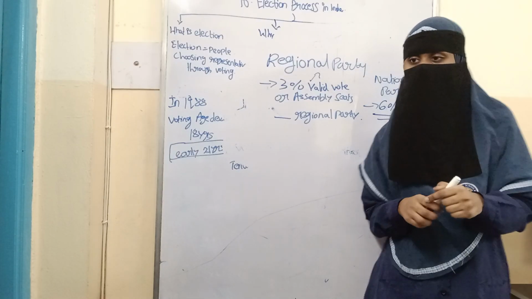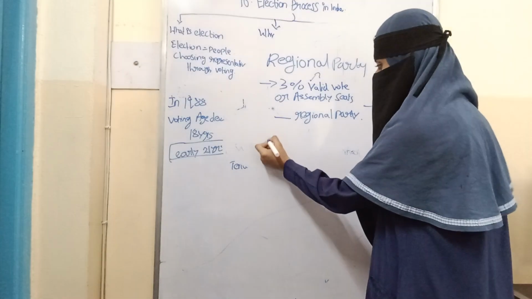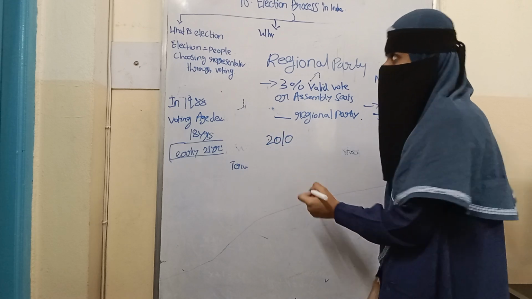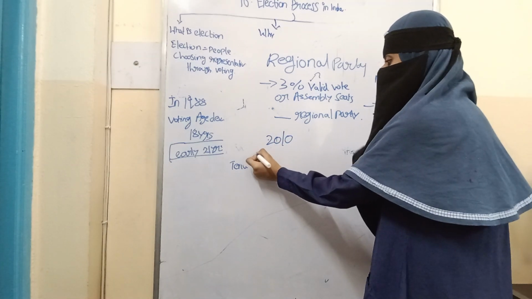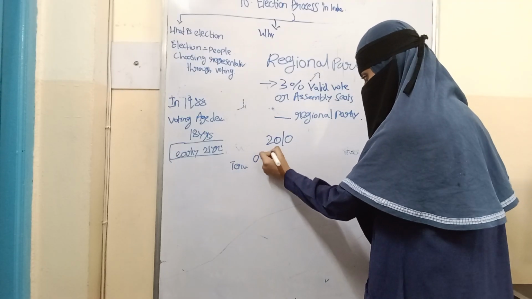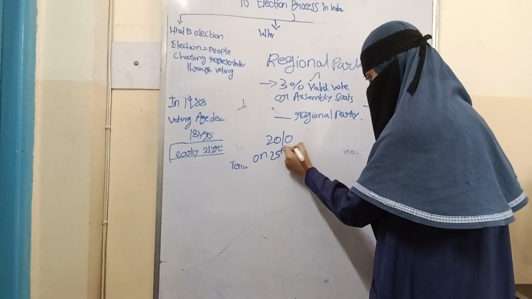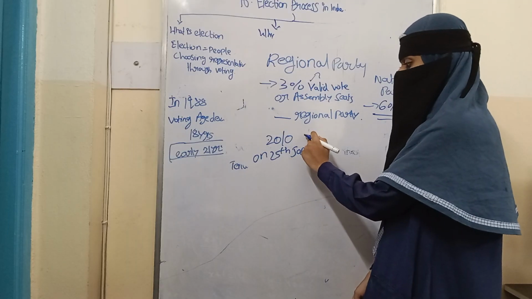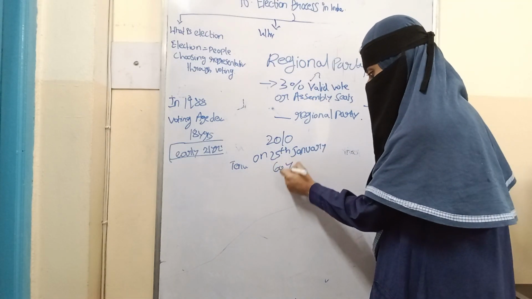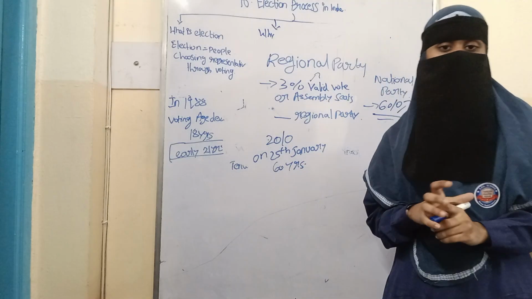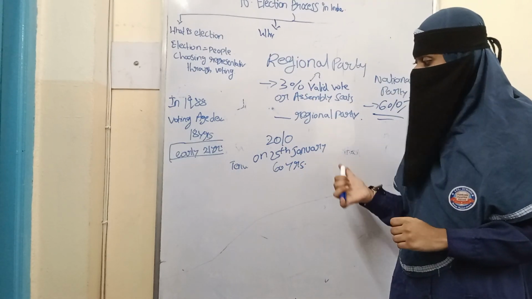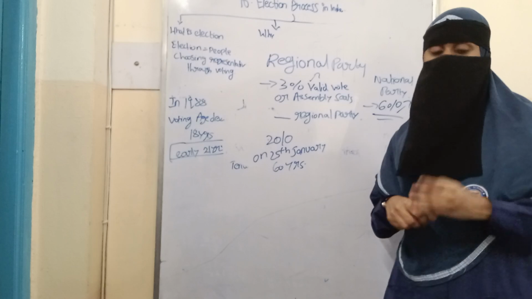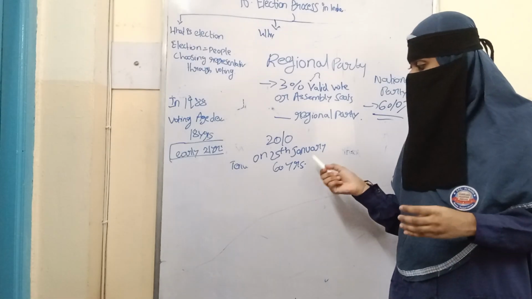Then on 25th January in the year 2010, the 60 years of ECI was completed. So in the year 2011, the Election Commission of India declared 25th January as Voters' Day, because 60 years had been completed in 2010.